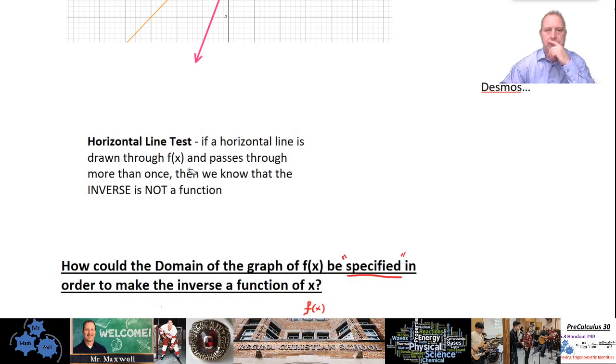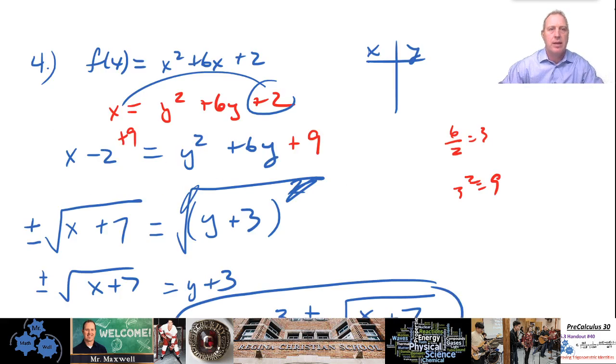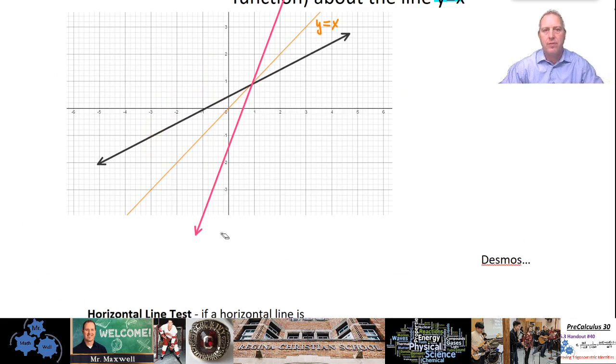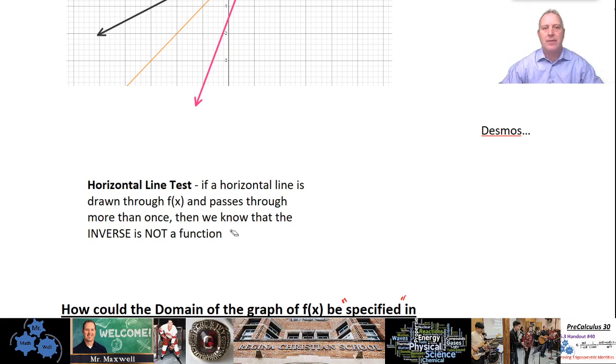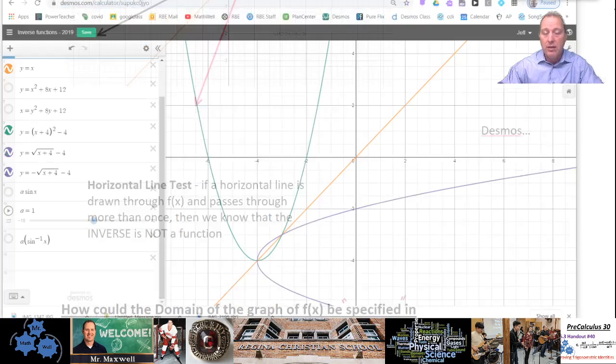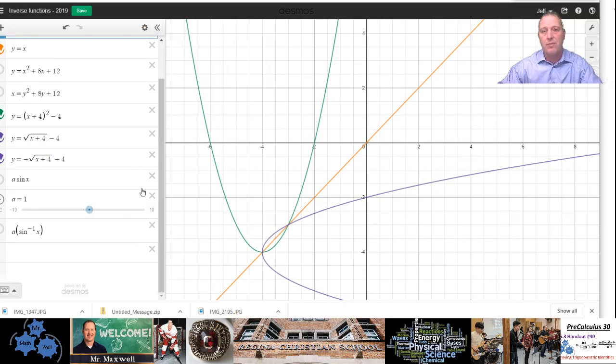Hello, minimize. Okay. What about the horizontal line test? What's that? Well, if a horizontal line passes through the function and it only passes through once, that means that the inverse is a function. If a horizontal line passes through a function more than once, then the inverse is not a function. And that's kind of what I'm showing you here.